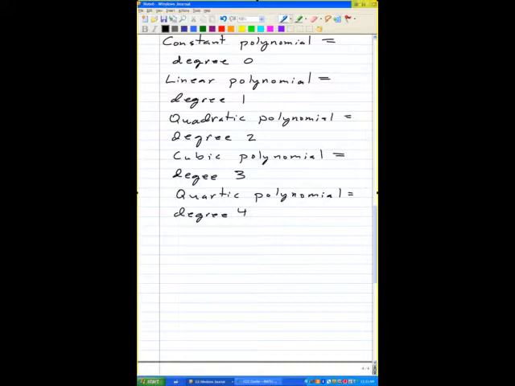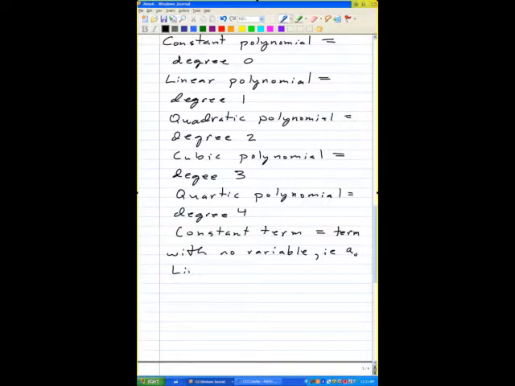The constant term is the term with no variable. So in the above case, it was that a0 term.